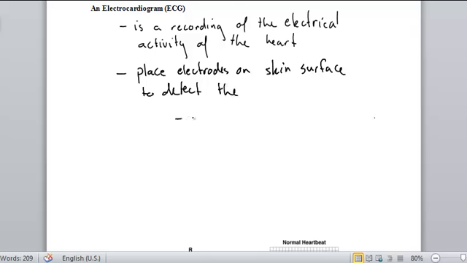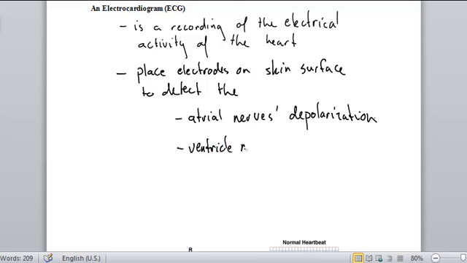the atrial nerves depolarization and the ventricle nerves depolarization and repolarization.